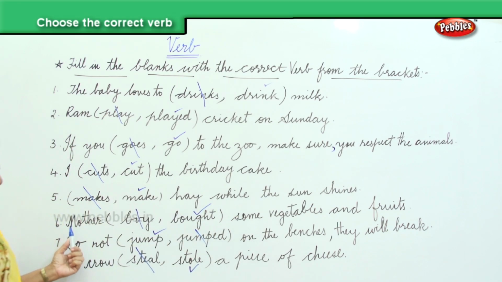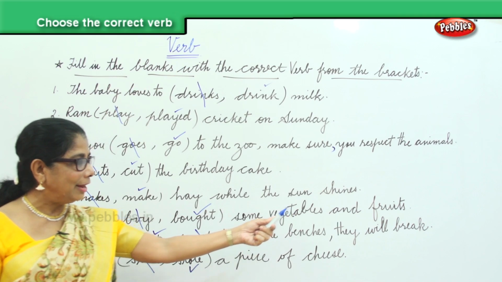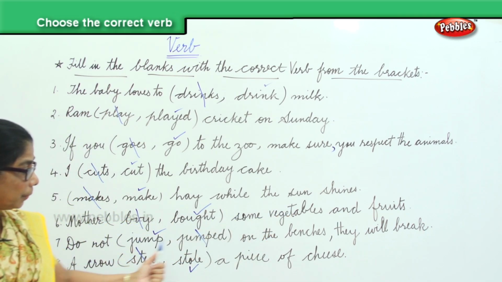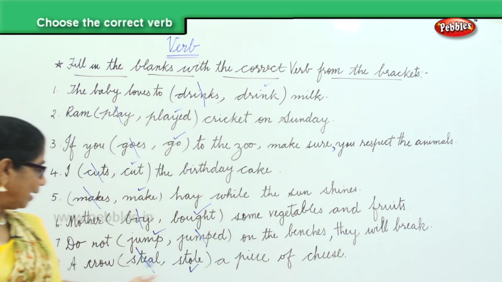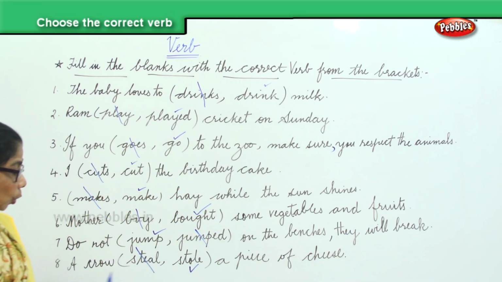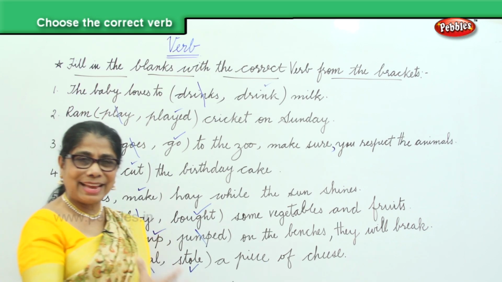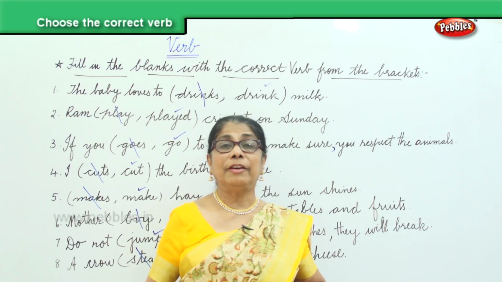Then sixth one, mother bought some vegetables and fruits. Seventh one, do not jump on the benches, they will break. And finally we have a crow stole a piece of cheese. So in this exercise, we learn to choose the correct verbs from the bracket.